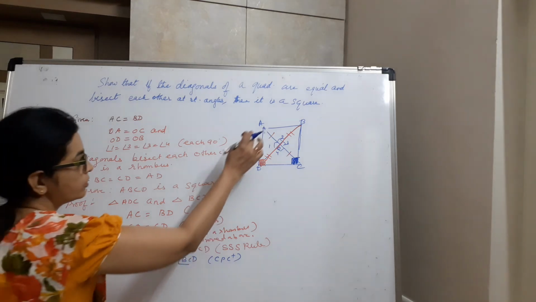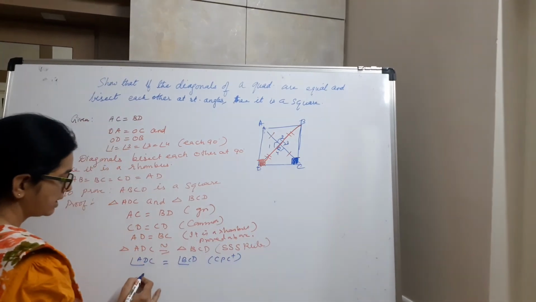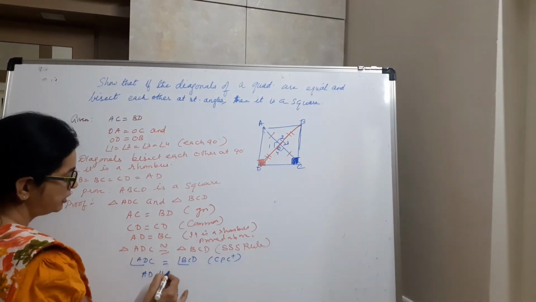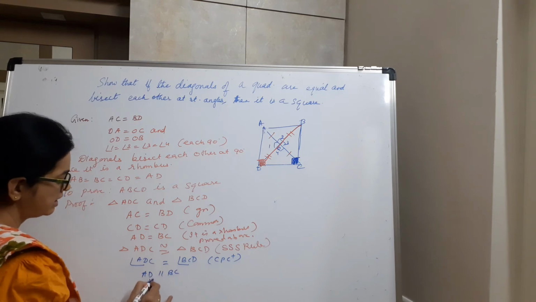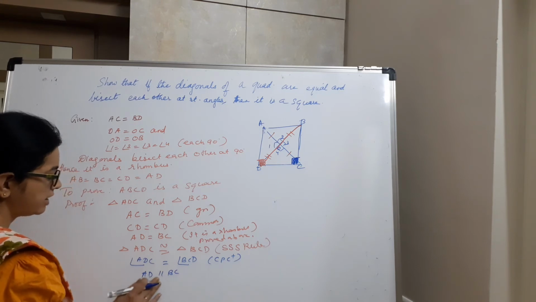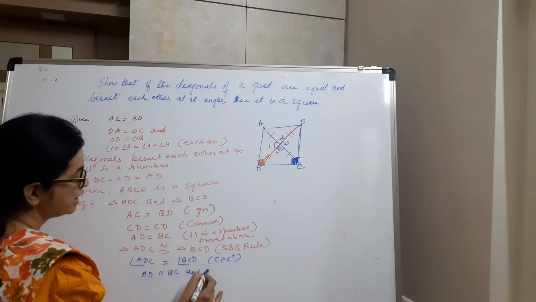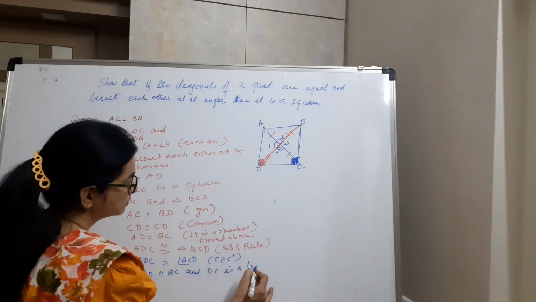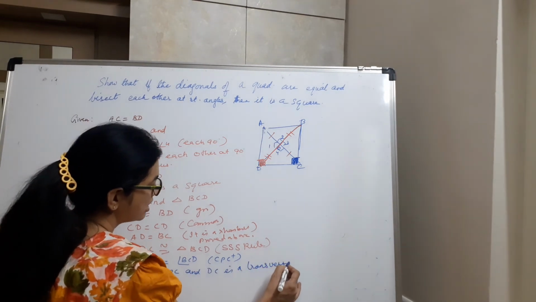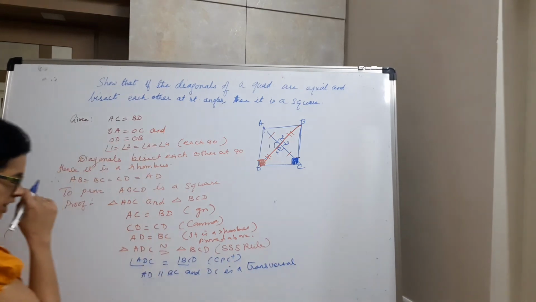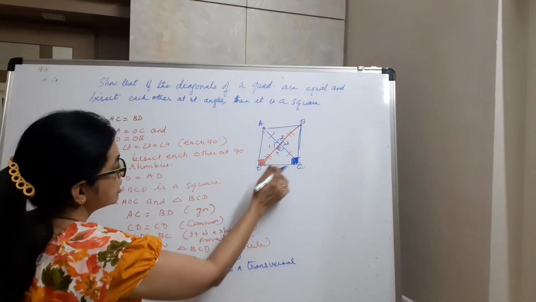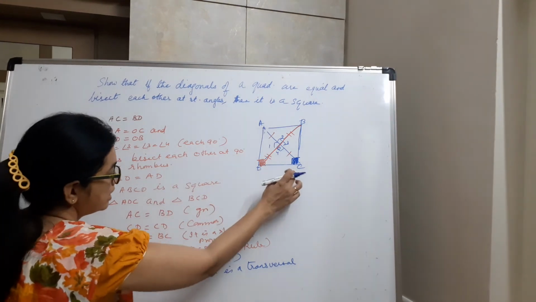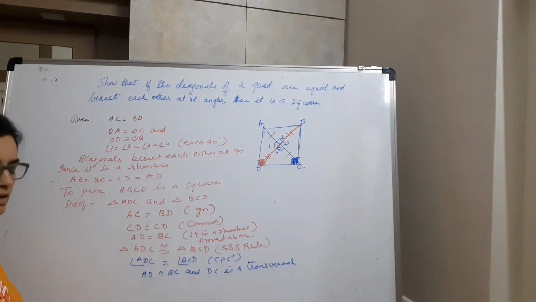Which property? AD is parallel to BC, and AD is equal to BC, or parallel is enough. And DC is the transversal. Because you already proved that it is a rhombus, hence it is a parallelogram, and hence the opposite sides are parallel. This DC is behaving like a transversal.